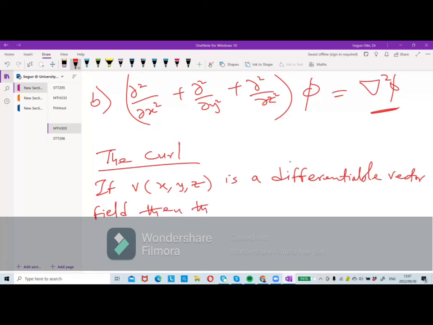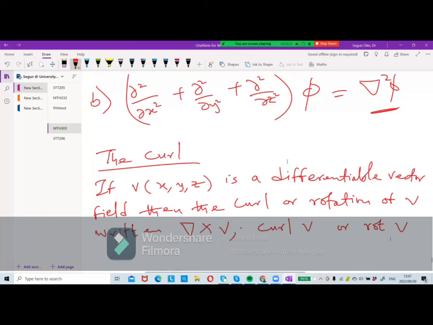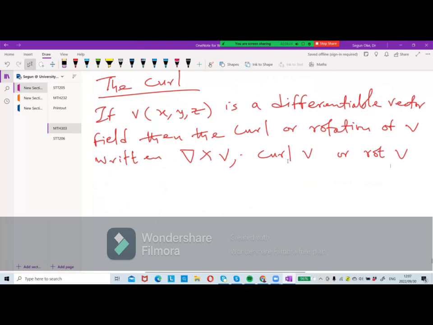Then the curl, or rotation, can be written as del cross V, or you at times call it curl V or rot V. So they can use any of these three to define it, depending on the books you're using.